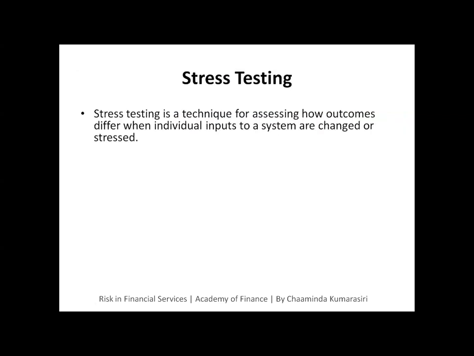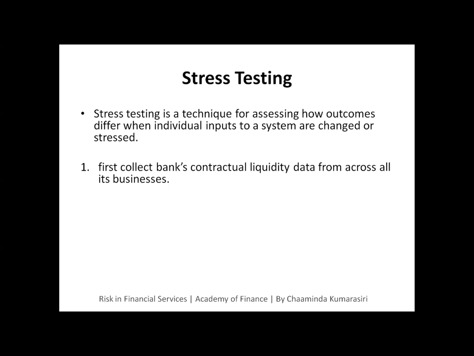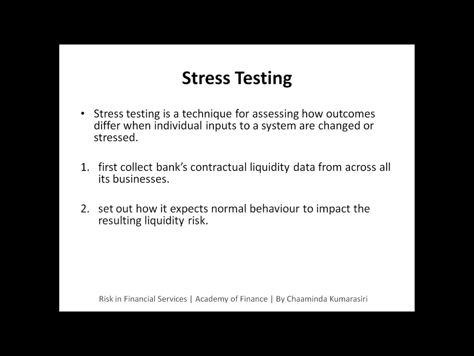Stress testing. So we've discussed what stress testing is. That is where you change some parameters and see what will happen, what will be the outcome. So what you do here is that you first put the cash movements based on contractual obligations or contractual liquidity data for both sides.